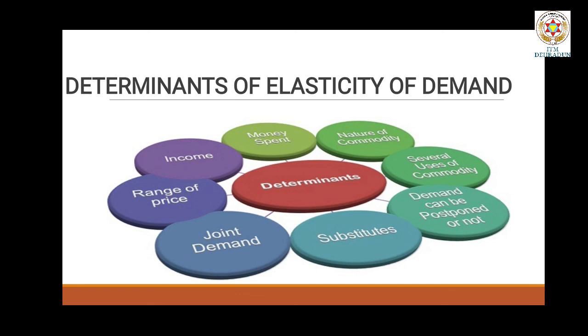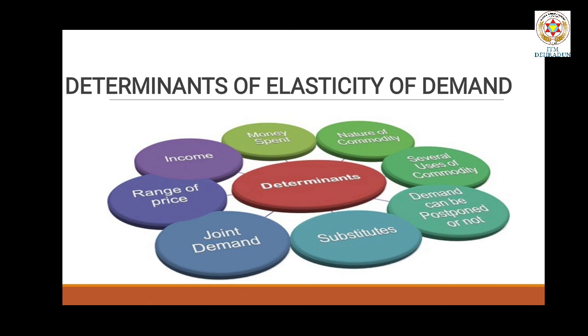Another determinant can be the proportion of income spent. If the consumer spends a small proportion of his income on a commodity, then the demand for that commodity is less elastic.